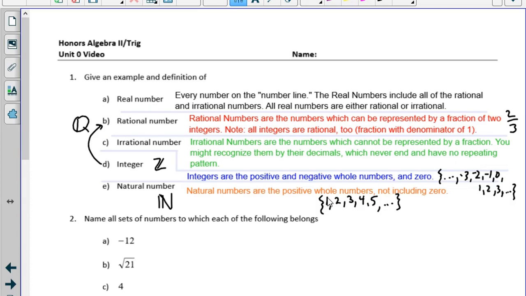An irrational number, therefore, is any number that cannot be written as a fraction of two integers. Their decimals never end and have no repeating pattern. They might repeat for a very short period of time, but over the long run, there's no repetition. For example, pi and e are irrational numbers.